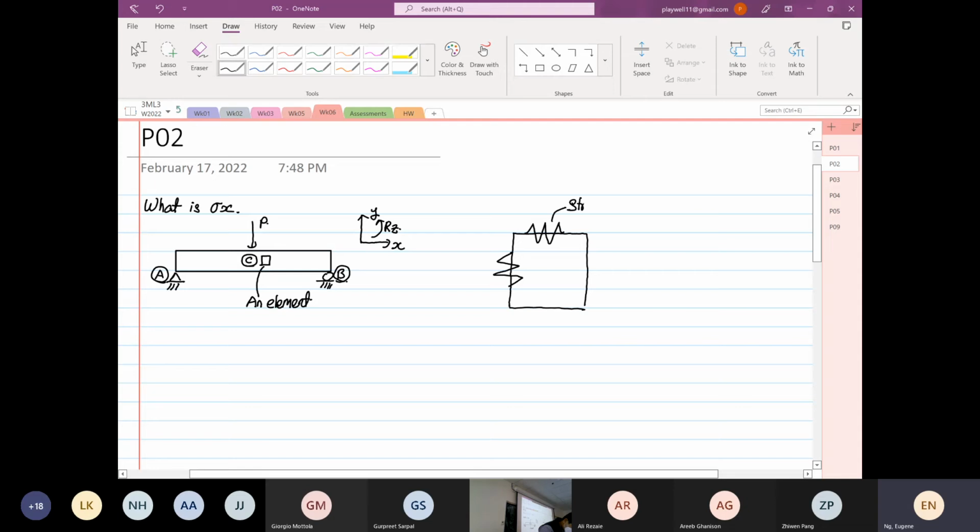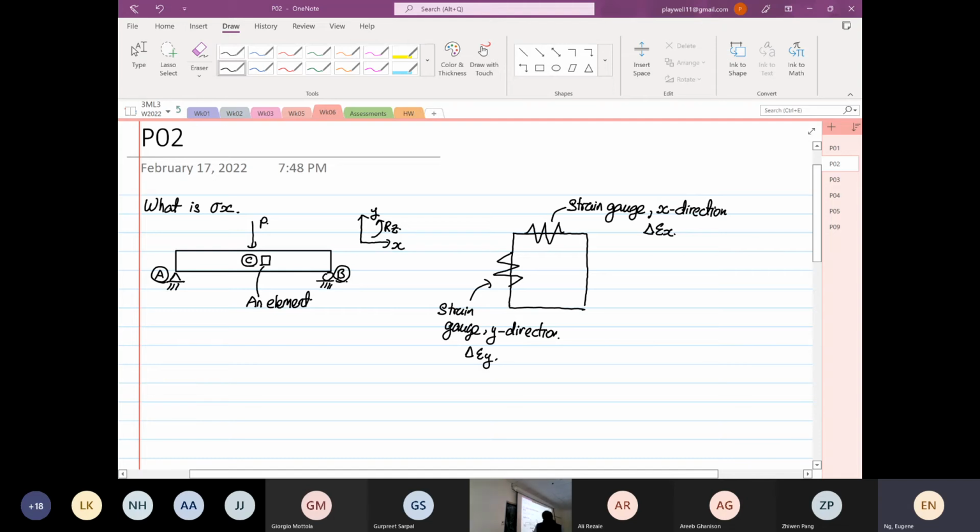This is a strain gauge measuring the X direction. This is the strain gauge to measure the Y direction change in strain. So you measure the change in strain in the X direction, and this will measure the change in strain in the Y direction.